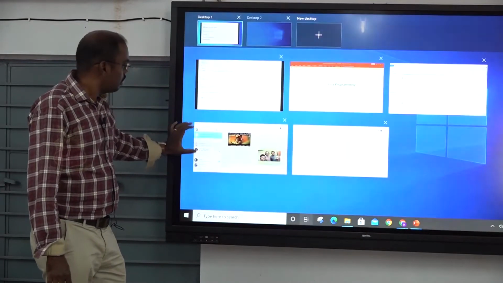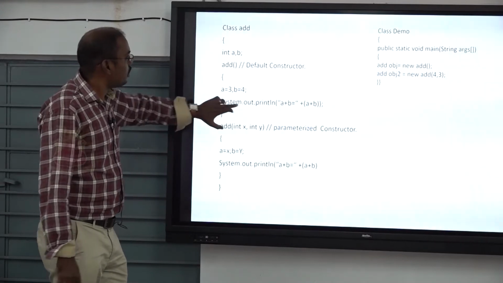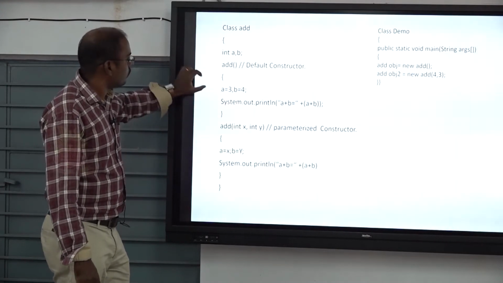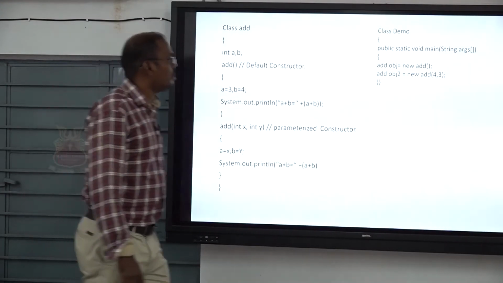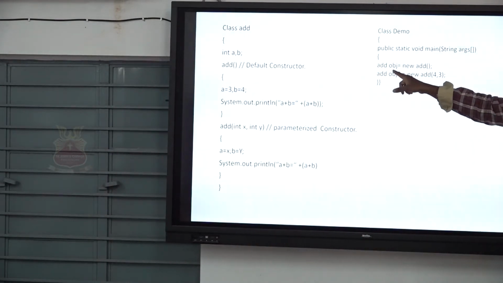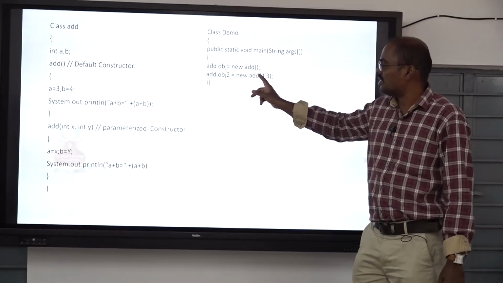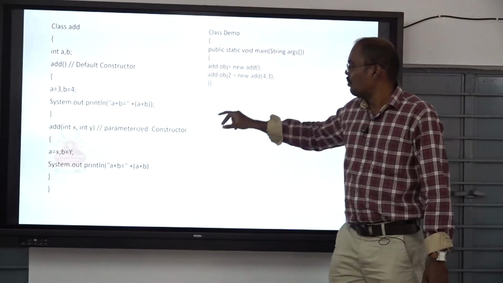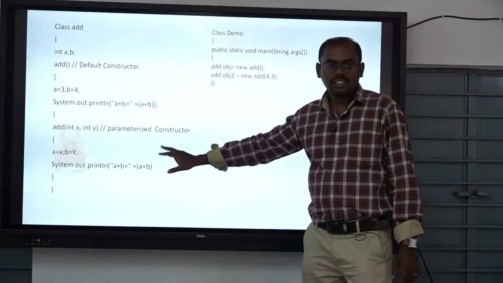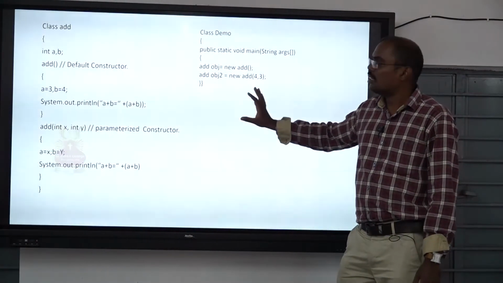This one is the parameterized constructor. We create objects for the class. This version calls the default constructor, and for object 2 we call the parameterized constructor. This type of program is constructor overloading.